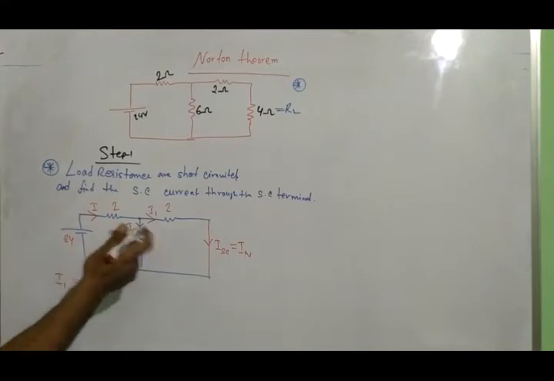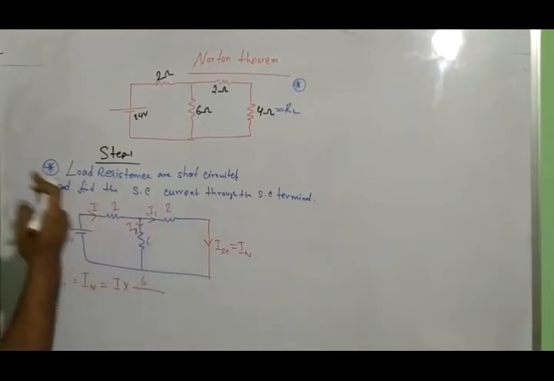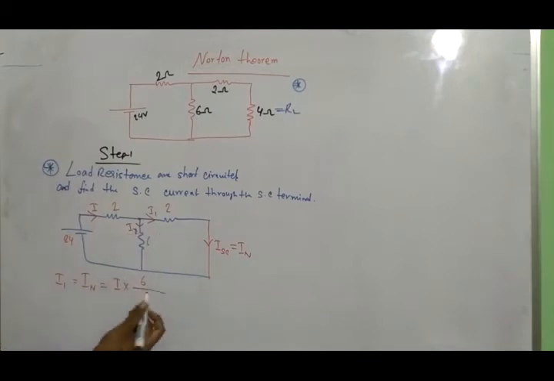So IN equals branch current equals main current into opposite resistance by sum of resistance. When I find I1, the opposite resistance is 6 by sum of resistance. So what is the value of I? Here I means the main current.